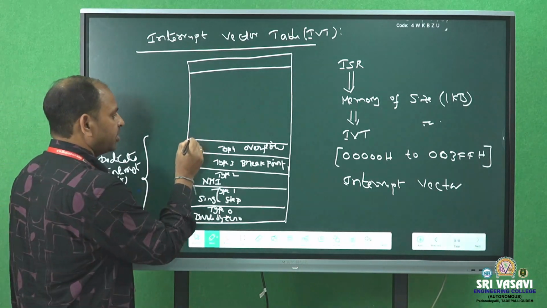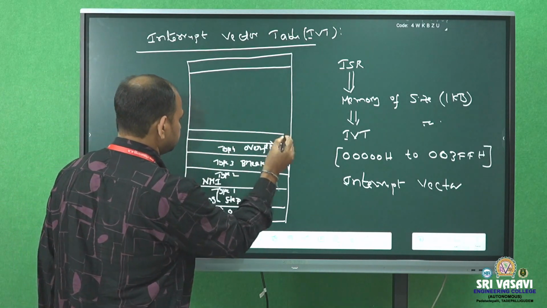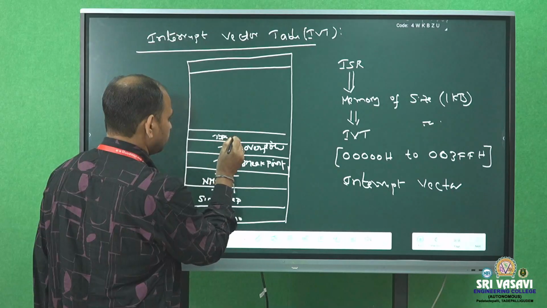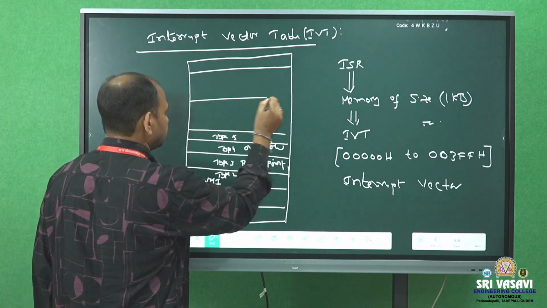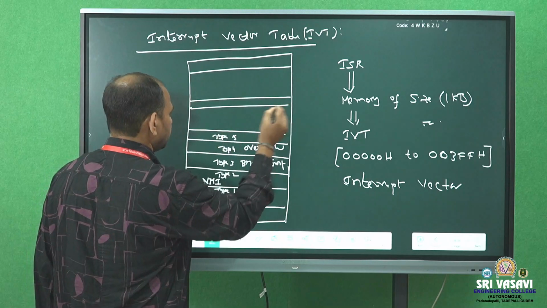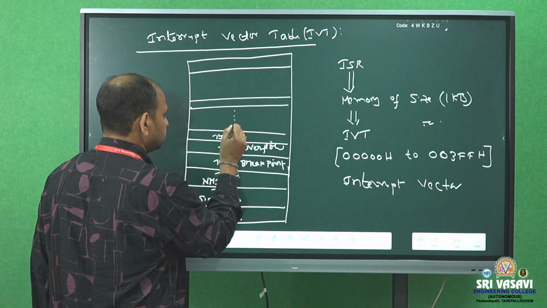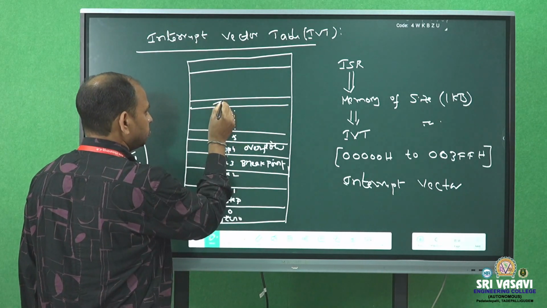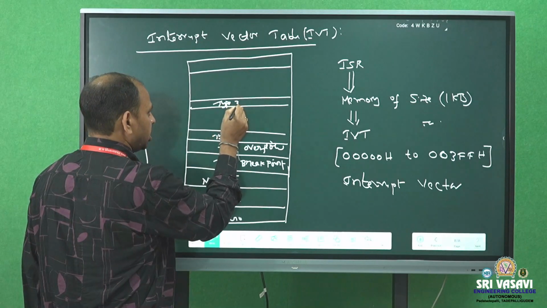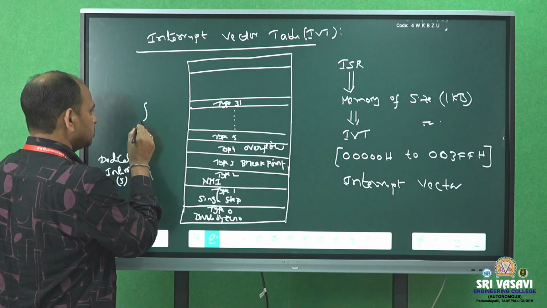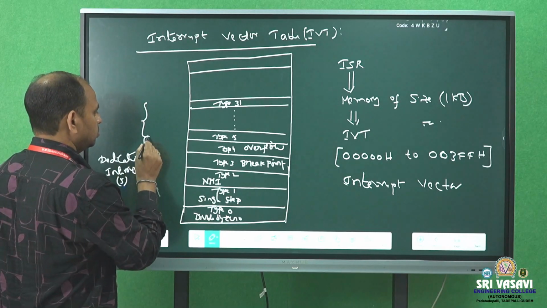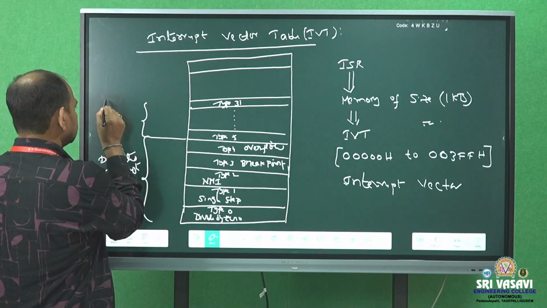Next, from type 5 to type 31, these are called reserved interrupts.